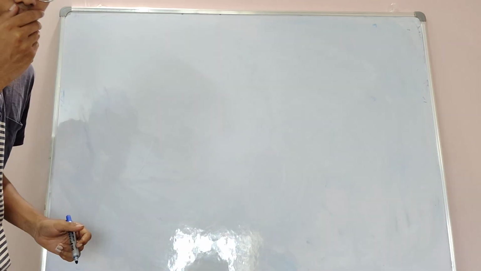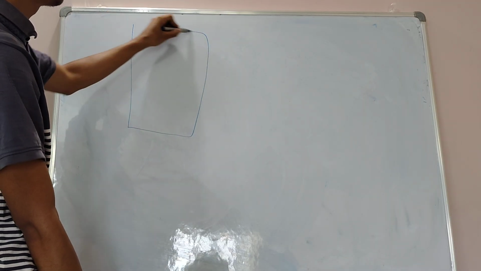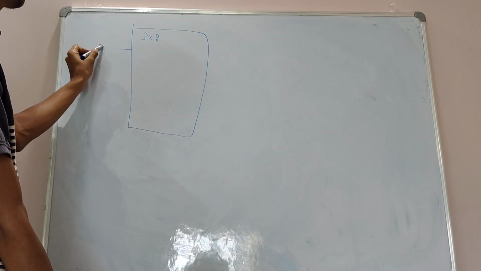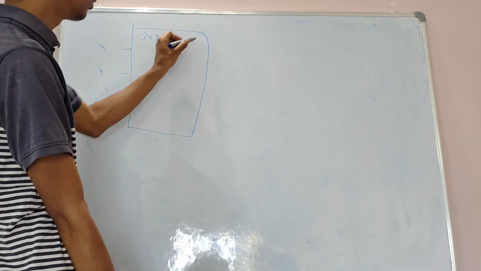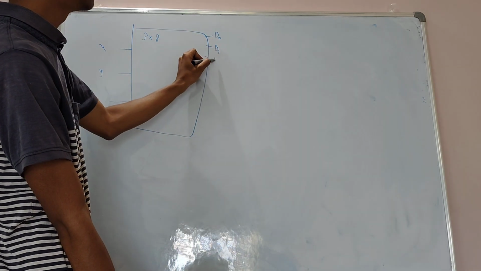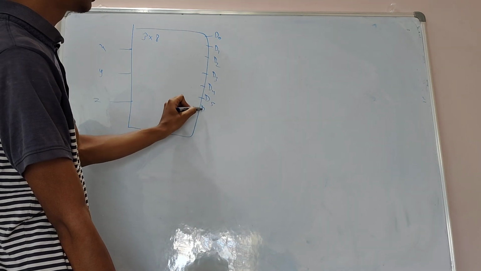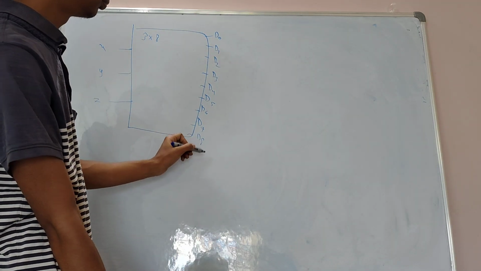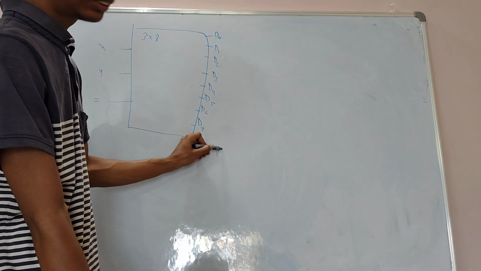Let me write this. Suppose I have a decoder of 3 into 8, right? And this is x, this is y, this is z, right? And I am having D0, D1, D2, D3, D4, D5, D6, D7, right? And D8, right? And then this is x, y, z, right?